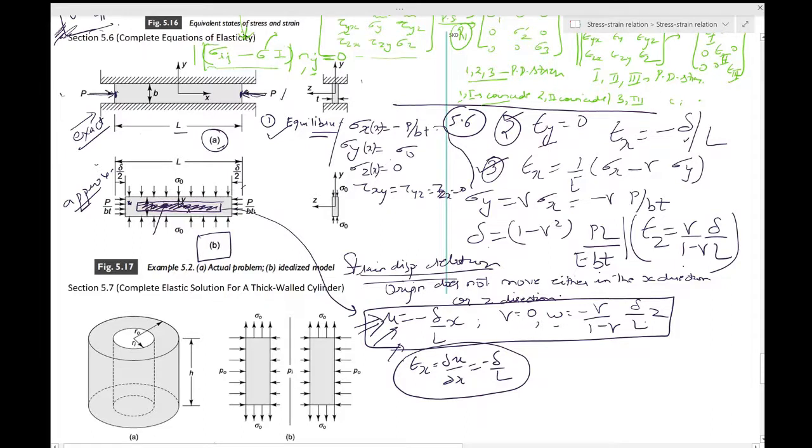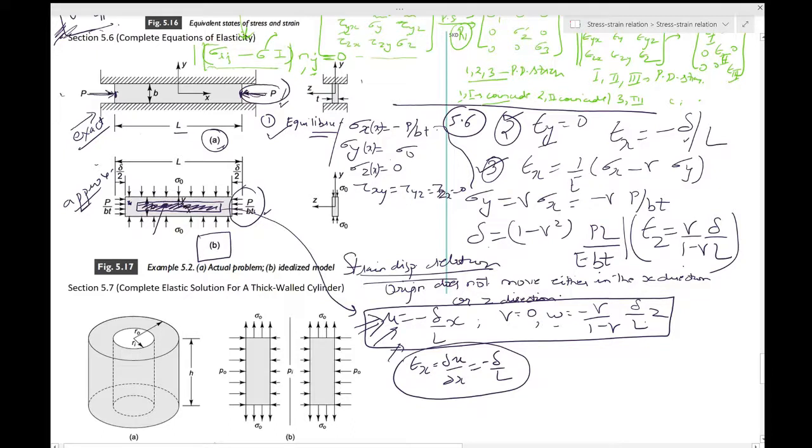Okay, so this is something to do with the boundary effects, which you don't have to worry about again. But the point is to say that these methods work well if you want to find the solutions which are in the bulk. So this difference in the boundary does not play much role if you are in the bulk away from the boundary. The difference between the actual and the approximation and the idealization.